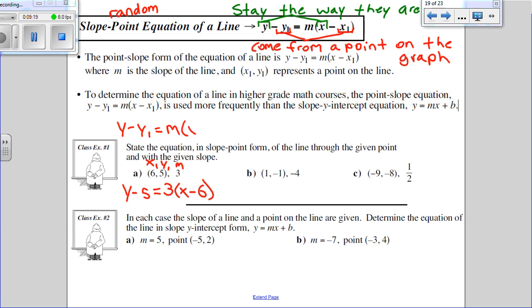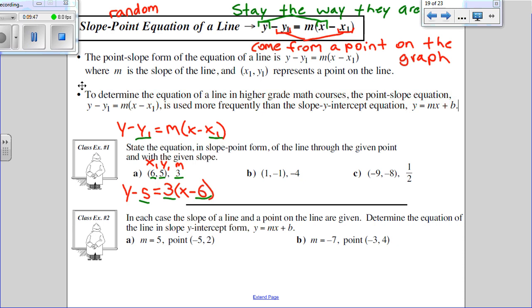The y changed becomes a new y1. The x1 changed becomes the new x value from that point, and the m changed. That's an equation in slope point form. That equation represents a line with a slope of 3 that goes through the point 6.